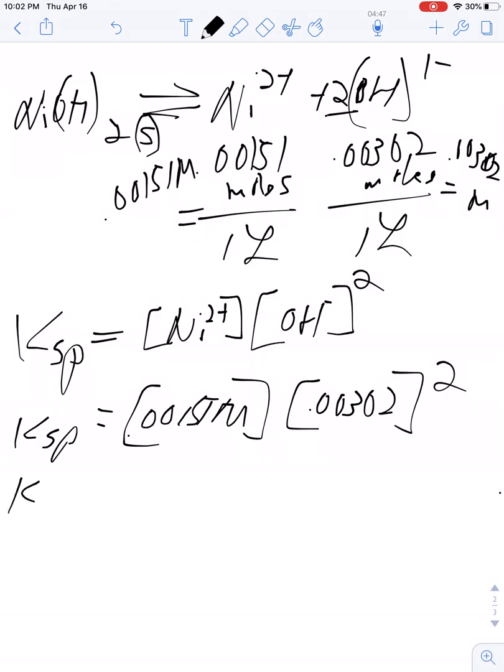And my KSP is 1.38 times 10 to the negative 8. Okay, so that's how you calculate the KSP.